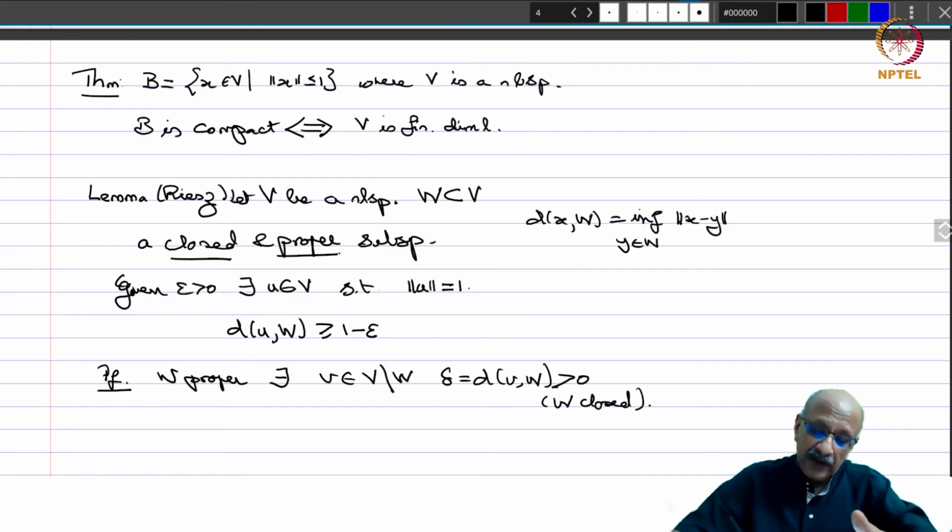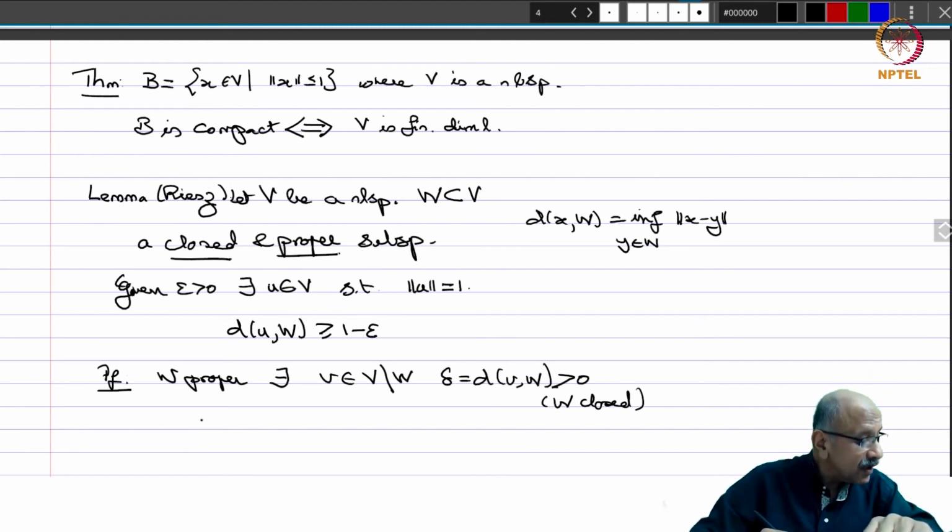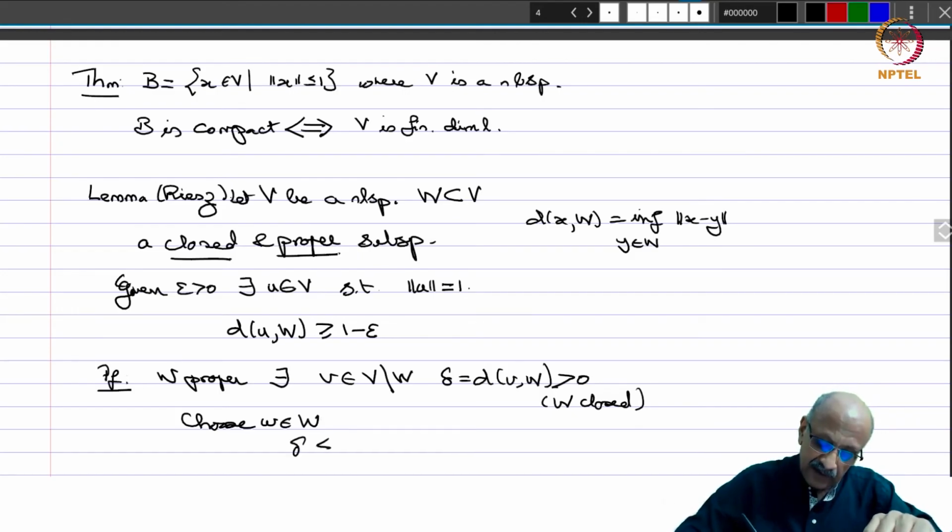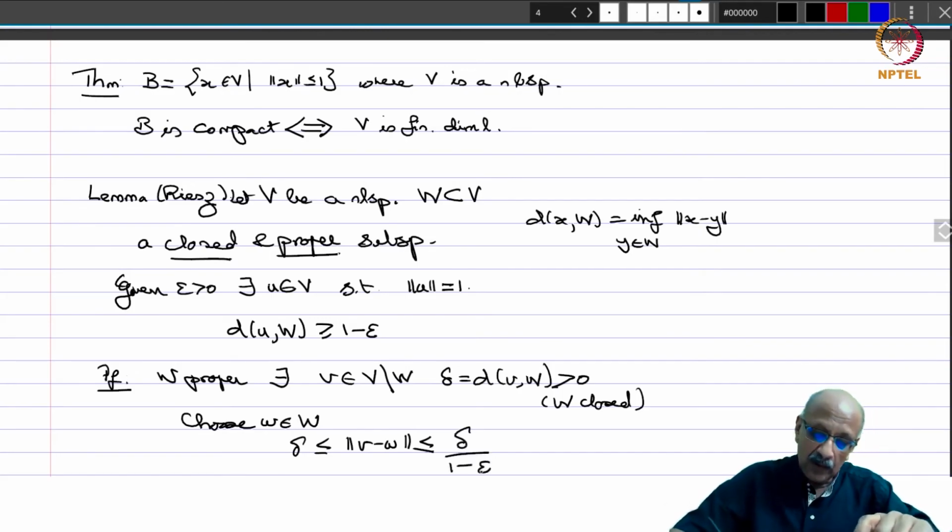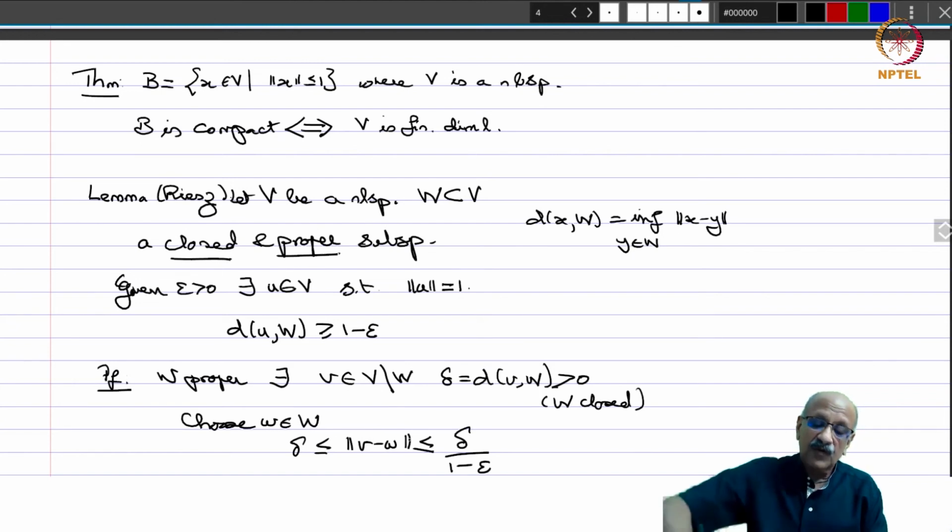But what is delta? The distance is nothing but the infimum of something. So choose w in W such that delta is less than or equal to norm of v minus w. That's always true. But then because it's an infimum, it can be made less than or equal to something slightly bigger. So I will put delta by 1 minus epsilon. 1 minus epsilon is less than 1. So this is slightly bigger than delta. So between these two we can always fix a w.